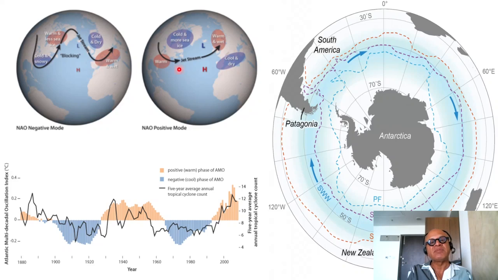So let's leave it there, but you can see in the NAO positive mode this is stronger, so you have flow going this way. So you have warmer conditions here. These are basically anomalies. So you have cold and more sea ice here, warm and wet conditions here, cold and dry conditions here. Okay, so that's the NAO mode.